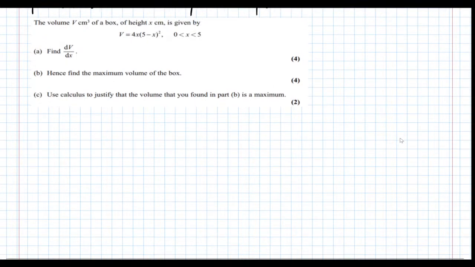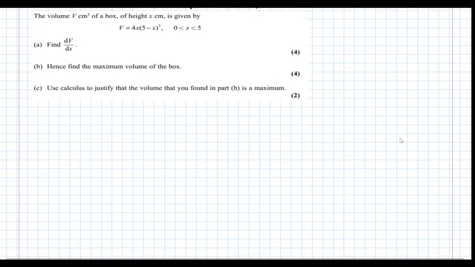It says the volume V of a box of height x centimetres is given by V equals 4x(5 minus x)squared, where x is restricted to be from 0 to 5 exclusively. So it can't be 0, can't be 5.